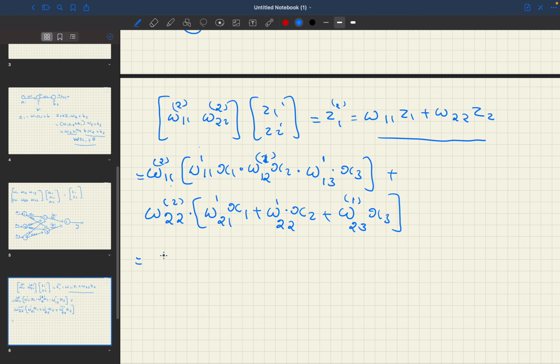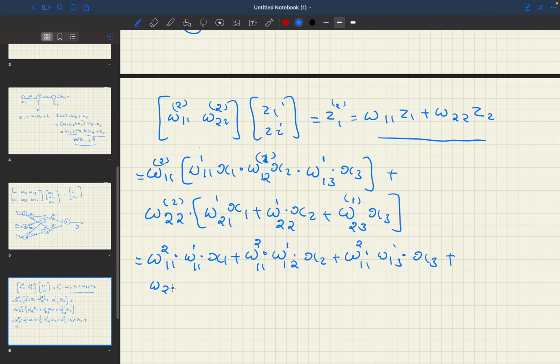This I will call A. So when I multiply, let me expand this one: W11 layer 2 into W11 layer 1 into X1 plus W11 layer 2 into W12 layer 1 into X2 plus W11 layer 2 into W13 layer 1 into X3 plus, just expand this also.